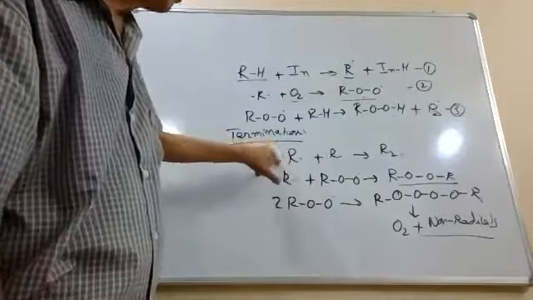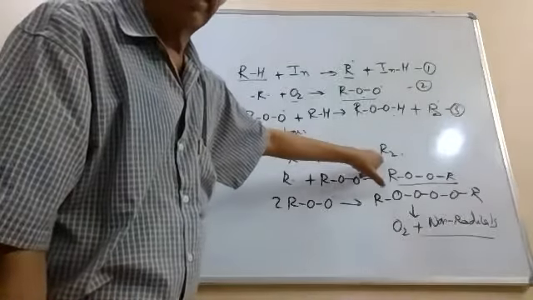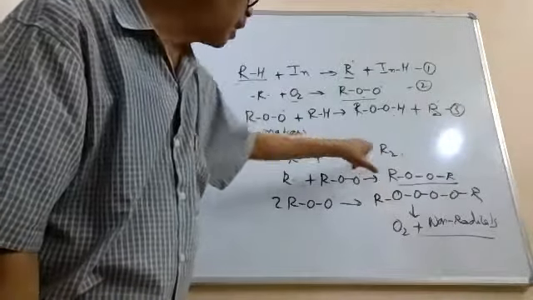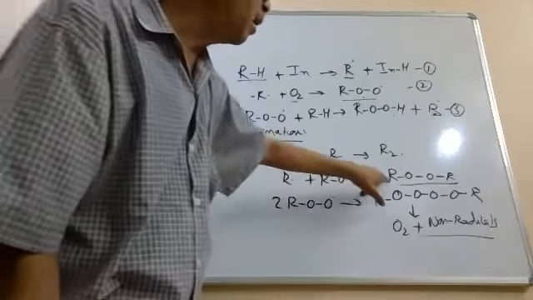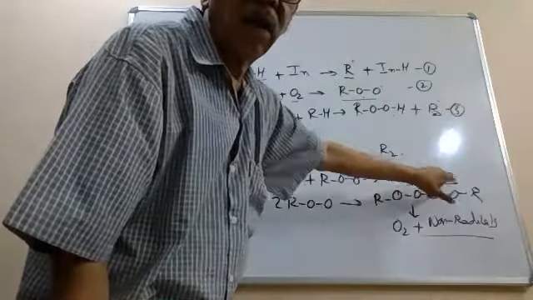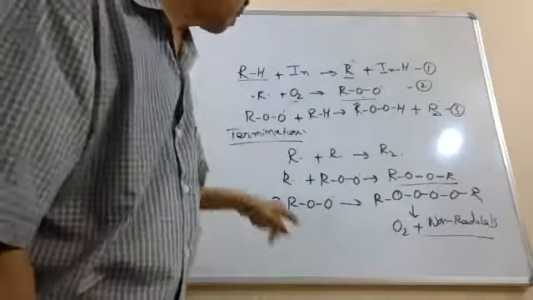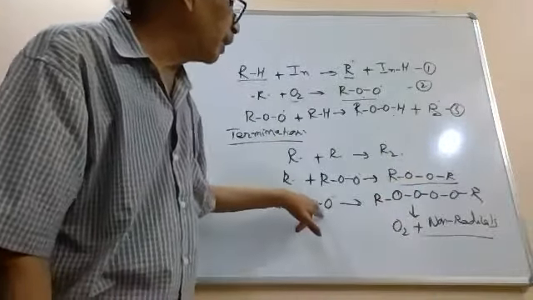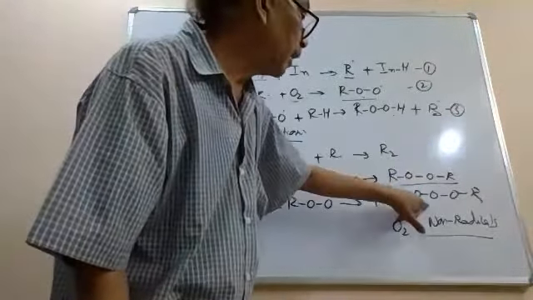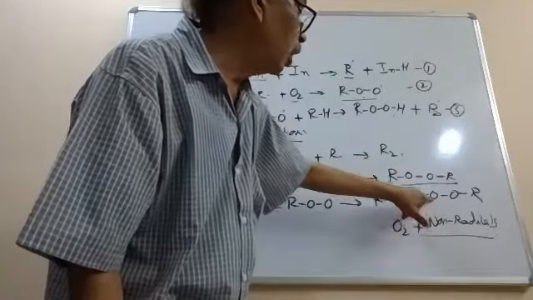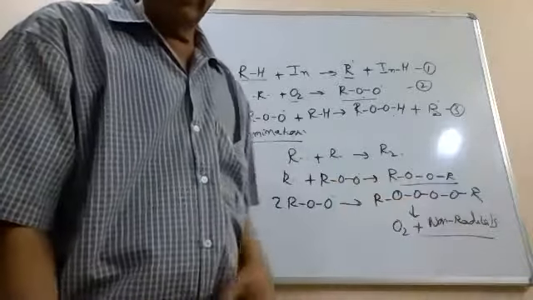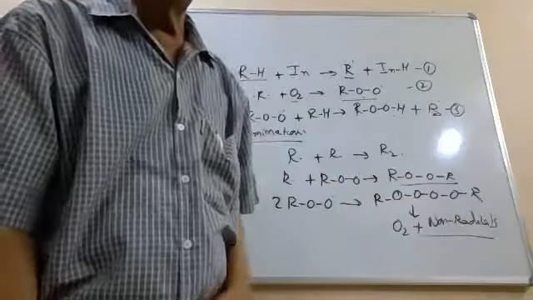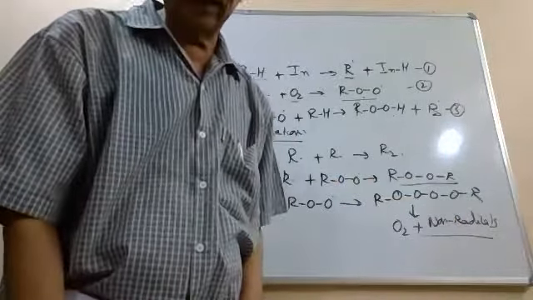You can have the R radical reacting with the R, giving you R2. That is not the intended product. Similarly, R radical reacting with the peroxy radical to make this ROOR. That is not the intended product. Finally, two peroxy radicals can give you superperoxy compounds, which break down instantaneously to make oxygen and non-radicals. So how do people get around the situation?